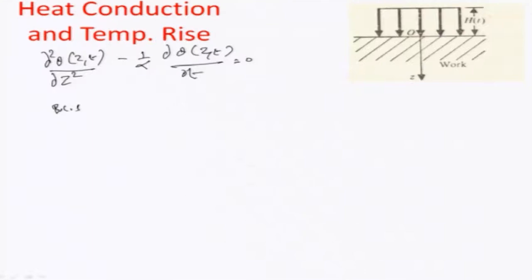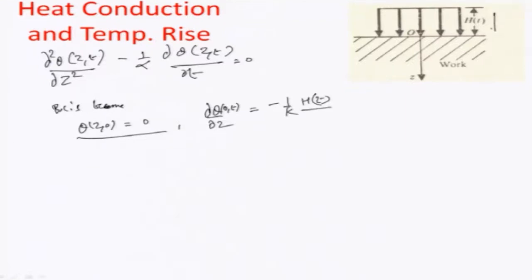We know that the boundary conditions on the surface become theta z at point of time 0 is 0 and del theta by del z, that means the gradient of temperature on the surface in the z direction corresponding to z equal to, let us say 0 at some point of time t, is given by minus 1 by k ht, ht being the heat flux, and which is actually constant and continuous on the surface. And that is how a semi infinite region being exposed to a laser beam can be modeled.